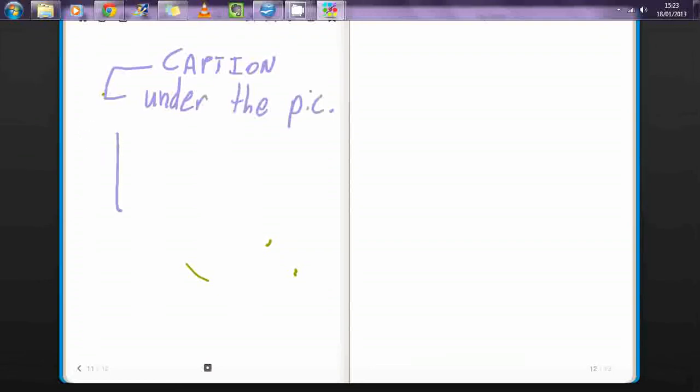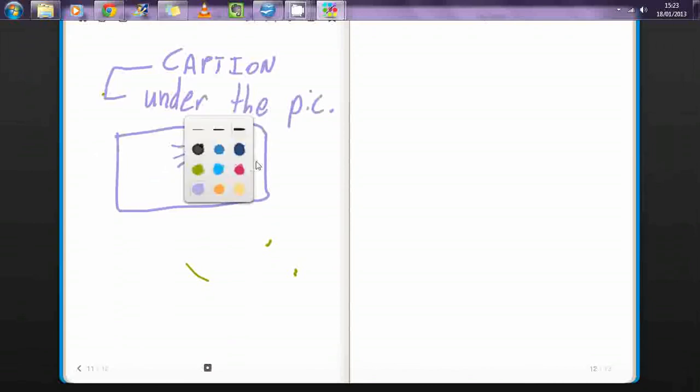So you'd have a picture there, maybe about someone hibernating, or about acorns being hid under a tree, under an oak that's dropped acorns.